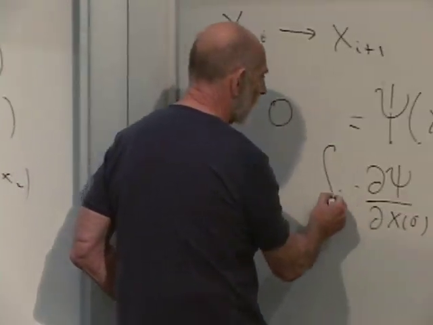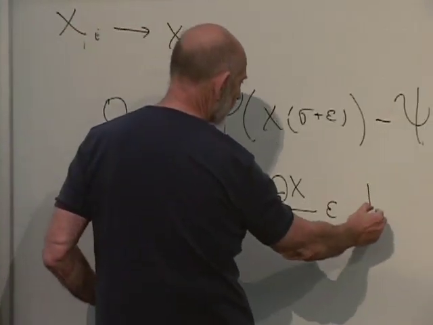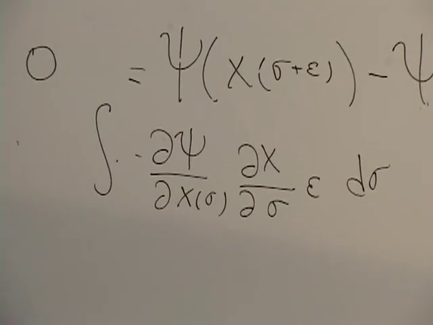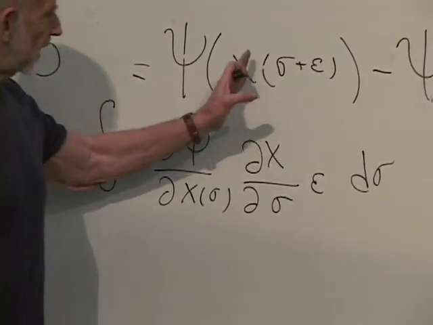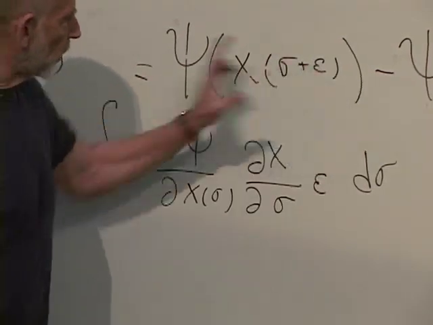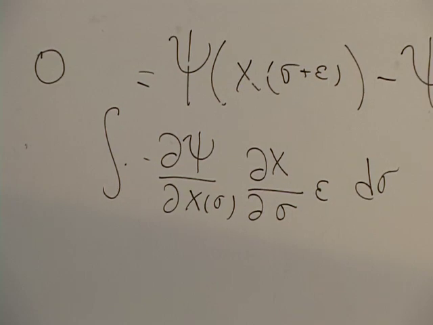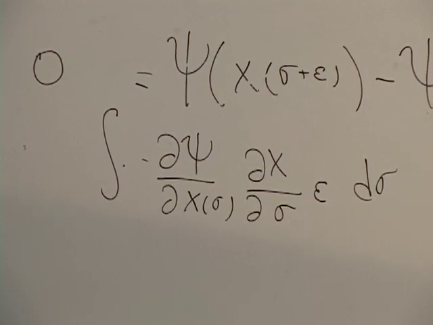This really should be an integral d sigma. The sum of all the changes in psi when you shift each x a little bit should all add up to 0. That's what this says. We can get rid of the epsilon now.